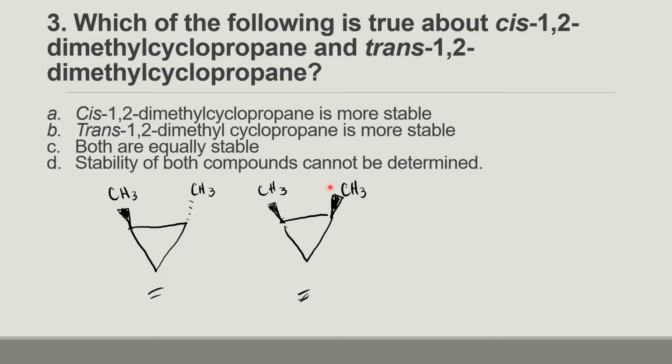So dahil bulky siya, magkakaroon siya ng steric repulsion while they're on the same side. So may interaction, matindi yung repulsion. So hindi siya stable. But when it's trans, it's stable. Kaya ang tamang sagot for number 3 is B. Trans-1,2-dimethylcyclopropane is more stable.